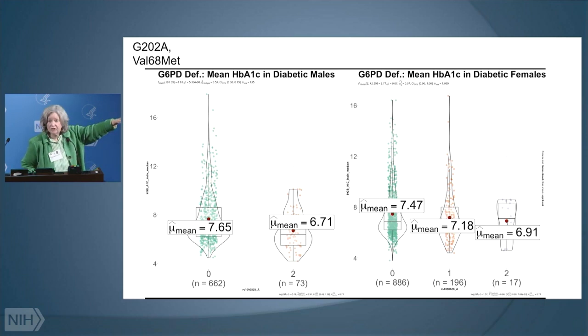And on average, in people with diabetes, those carrying G6PD alleles have about a 1 point lower hemoglobin A1C level for males, and you can see the progression in females. Even the heterozygotes have a somewhat lower level, and then homozygotes more similar to what we see in the male homozygotes.